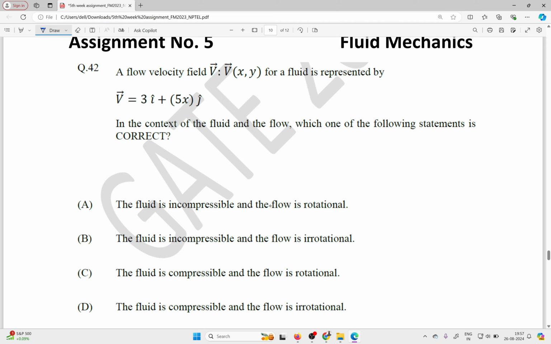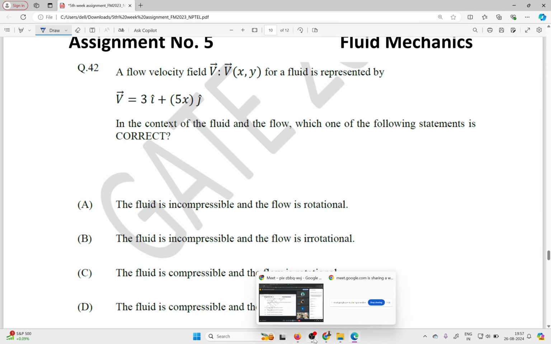Fluid is incompressible and rotational. Fluid is incompressible and irrotational. Fluid is compressible rotational. Fluid is compressible irrotational. So here you need to check rotationality and whether it is compressible or incompressible. How will you calculate, please think on that.